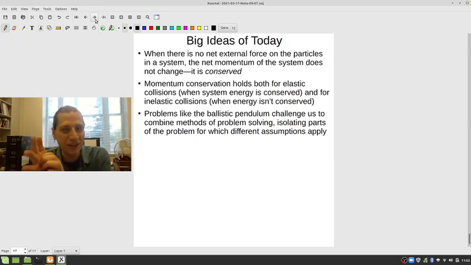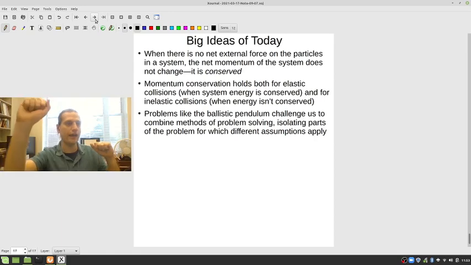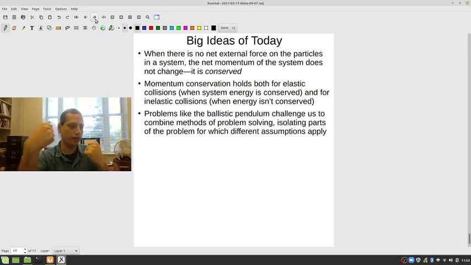So what are our big ideas? When there's no net external force on the particles in a system, the net momentum of the system does not change. It's conserved. What's our other idea? This momentum conservation holds both for elastic and inelastic collisions. Elastic collisions are when two objects knock off each other and the initial kinetic energy is the same as the final kinetic energy. And inelastic collisions are when they hit, they might stick together or deform or something like that.